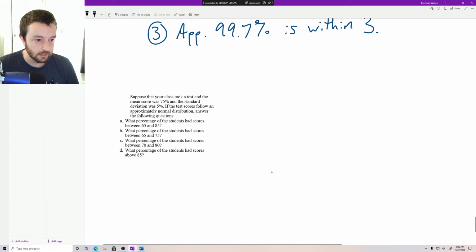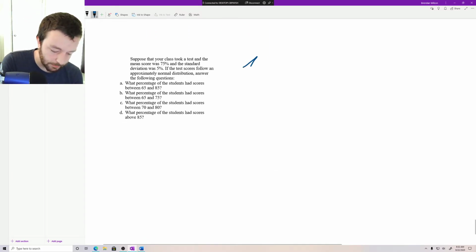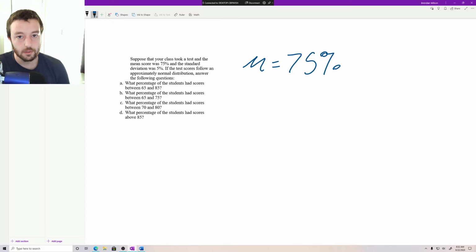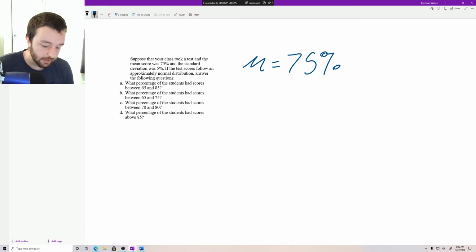So suppose that your class took a test and the mean score was 75%. So our mu, our population mean, because we're talking about the entire class, so it's like a population, our mu is 75%, and the standard deviation is 5%, it says.